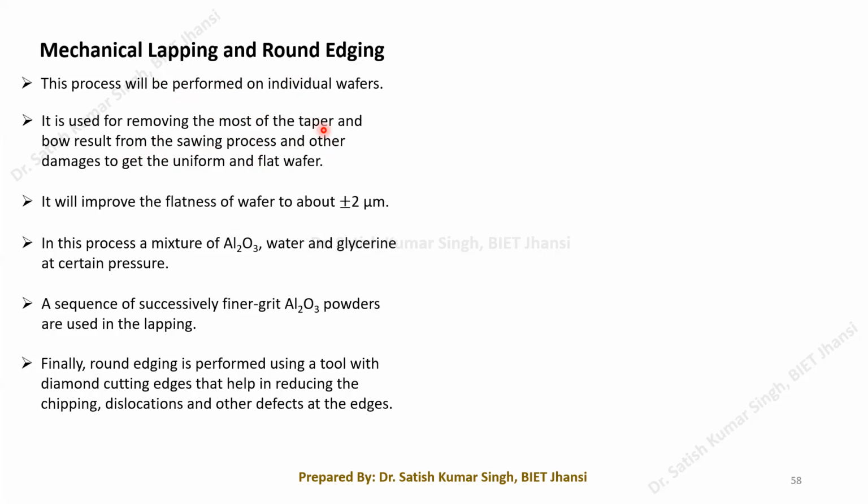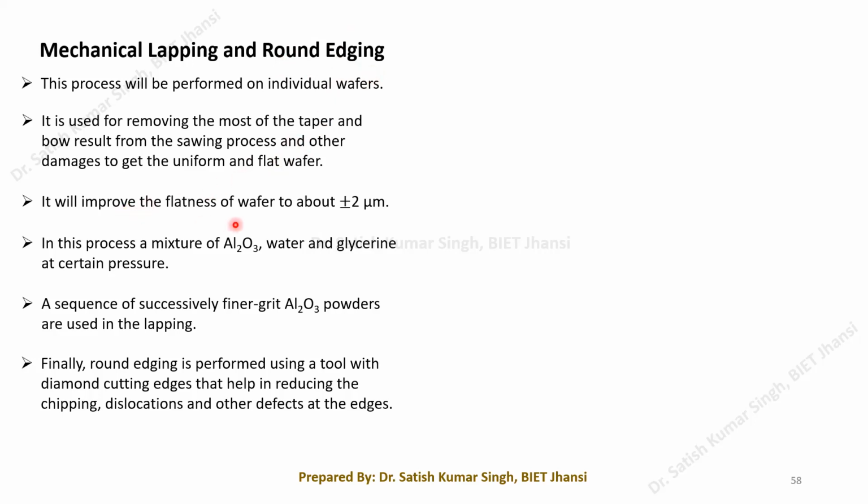Previously we did the shaping operation, and within the shaping operation we had to do the grinding, and therefore the outer layer also got damaged. So we have to remove bow and tapering, and also remove the damage done during the shaping process. For that we have to do the round edging process.